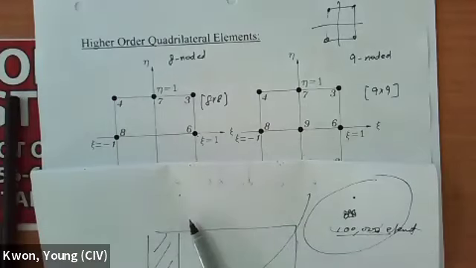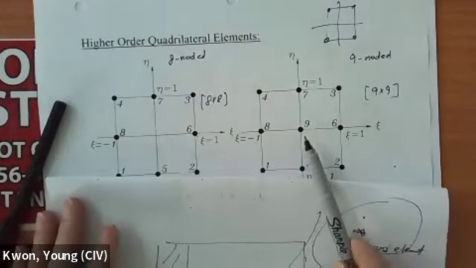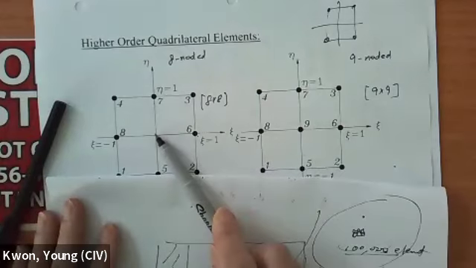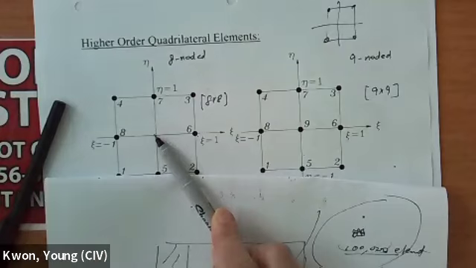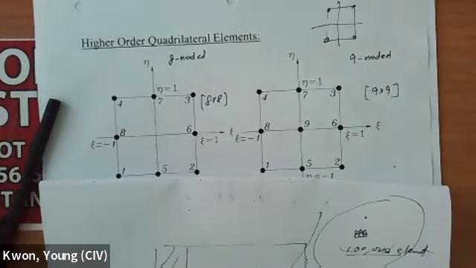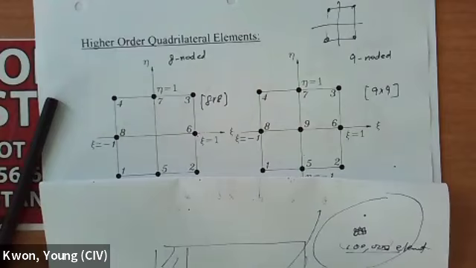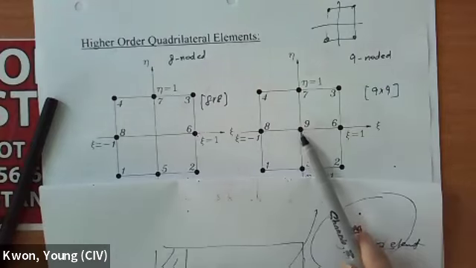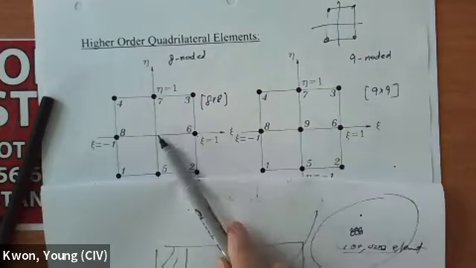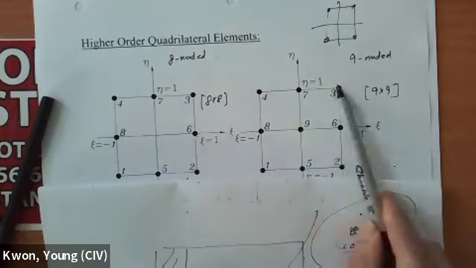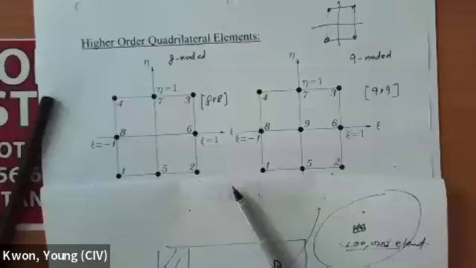However, the lucky thing is that this internal node is not shared with any neighboring element, just confined within itself, right? So the impact of the internal node is much less than the boundary node, because boundary nodes are shared by neighboring elements. So the overall solution is going to be affected by those nodes when you solve the problem, because the solution has to be continuous throughout from one element to the rest of the elements.